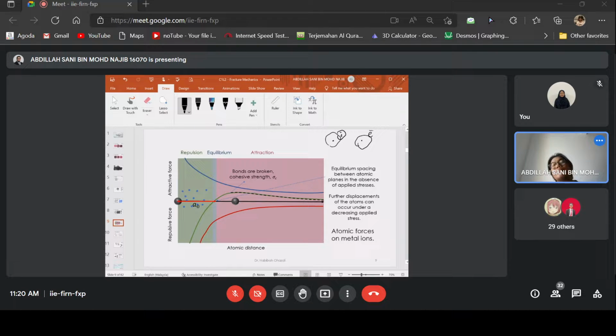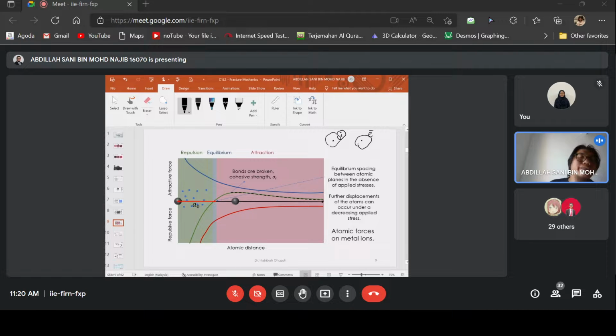So they are attracted, but at the same time they are experiencing a repulsive force. So it's a very complicated relation, right?